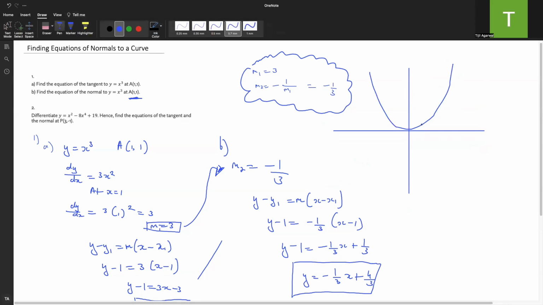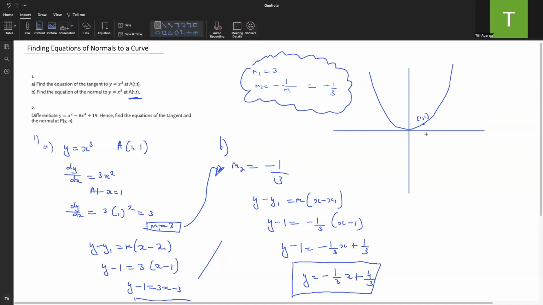We're looking at the point (1, 1), so let's say this point over here is (1, 1).